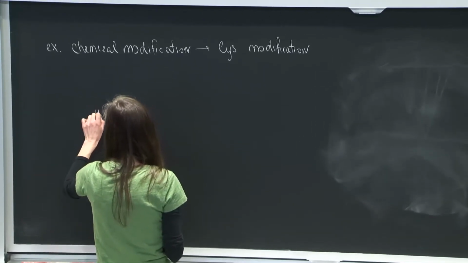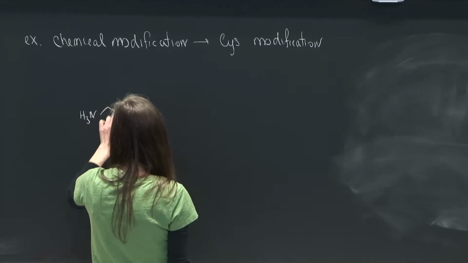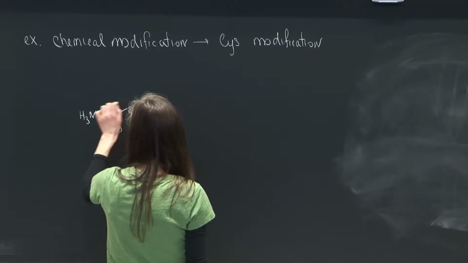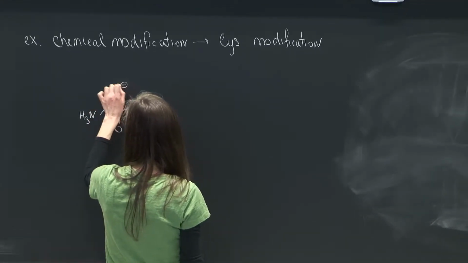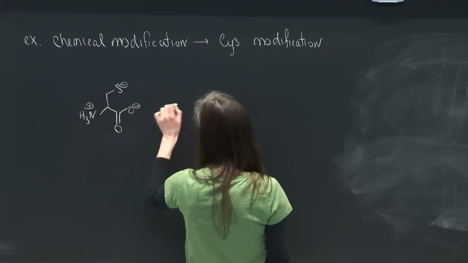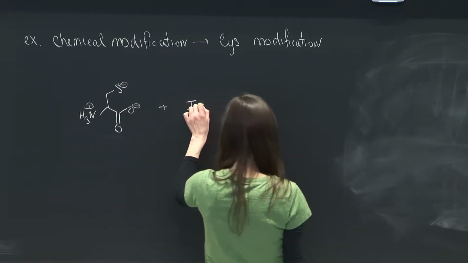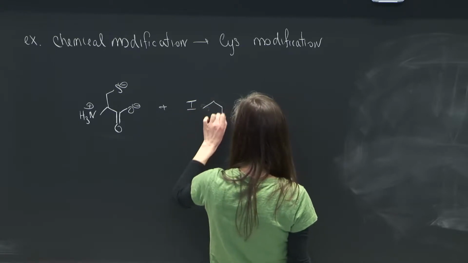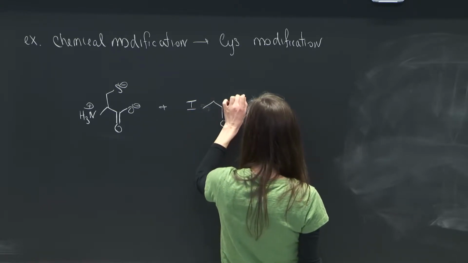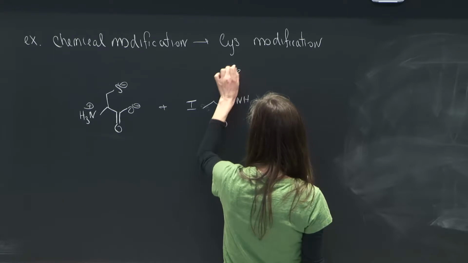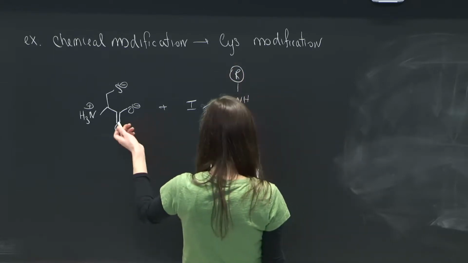So imagine you have some cysteine. You can react this with iodoacetamide that has some R group. What happens?